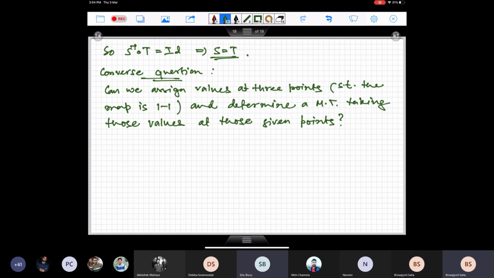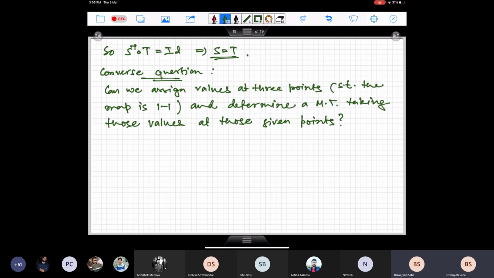Yes, sir. So indeed, this is actually true, and I am now going to tell you how we can solve this. I am going to start with 3 distinct points, and I am going to give you a prescription to find a Mobius transformation where these 3 points take the values 1, 0, and infinity, because then it will be very easy to determine in such a case.